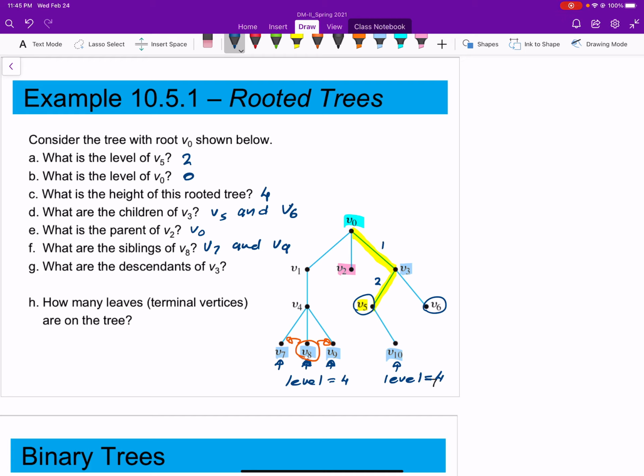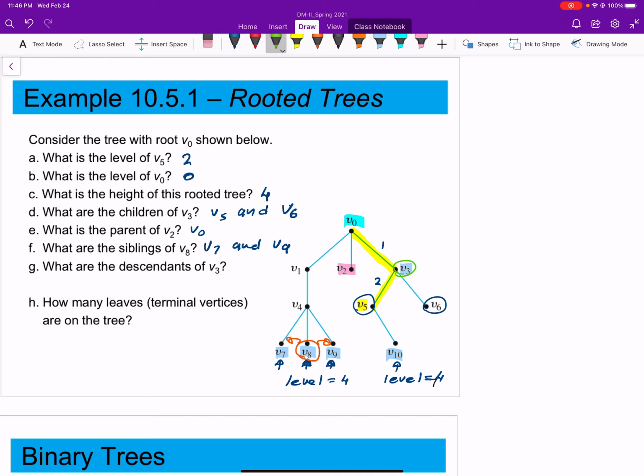What are the descendants of V3? Yes, here V3. The descendants of V3 are the vertices that are just below V3. Okay, that are just below V3.